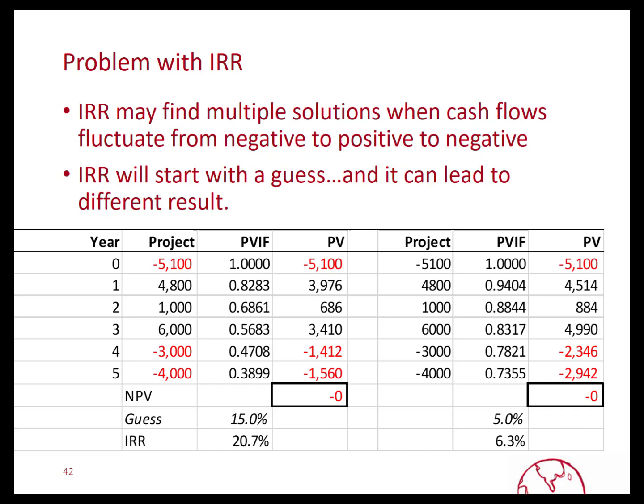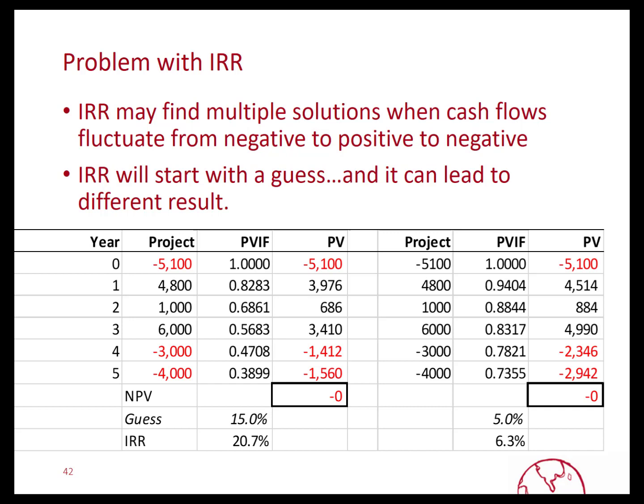If you put in a guess of 5%, Excel will iterate and generate an IRR of 6.3%. Using that discount rate to find the present value factors and to discount those cash flows, you see that the discounted values are different, but again, the sum of the discounted present values is equal to 0, for an NPV of 0.